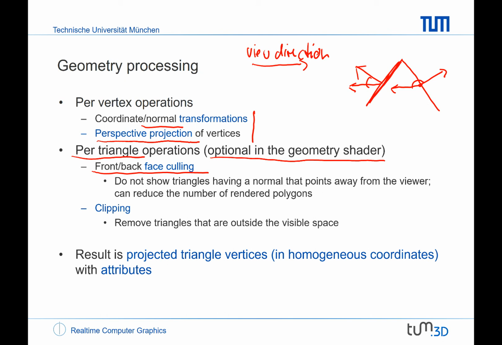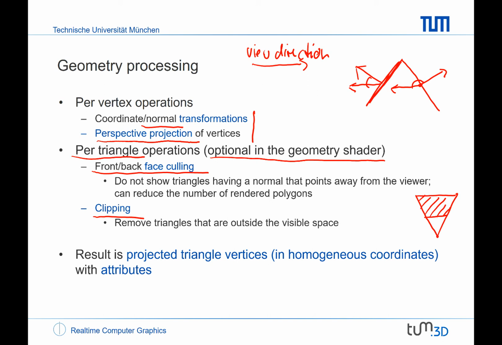And another operation is what we call clipping. That essentially means that you remove triangles that are outside the visible space. So as we will see, what you typically do is you specify a so-called view frustum. And we will look at this frustum in more detail later on. And this frustum essentially determines the portion of the three-dimensional space which will be seen, which will be rendered.